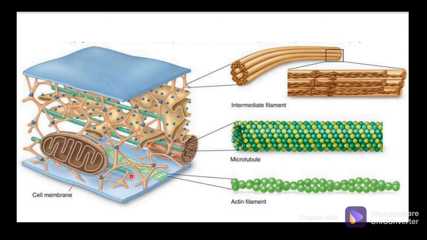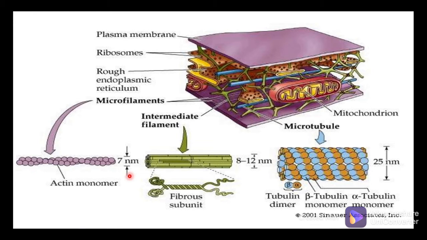In this slide also, you can see the same structure in a different form. You can see the plasma membrane is shown from both the sides, and in between you can see the green color structure, how it is building up a framework to give shape to the cell.